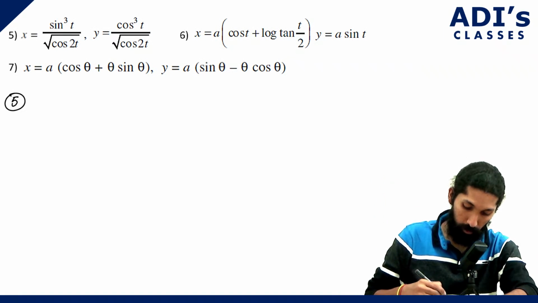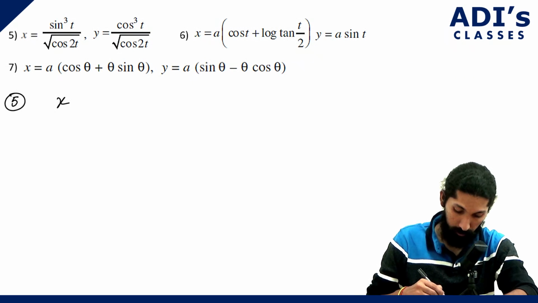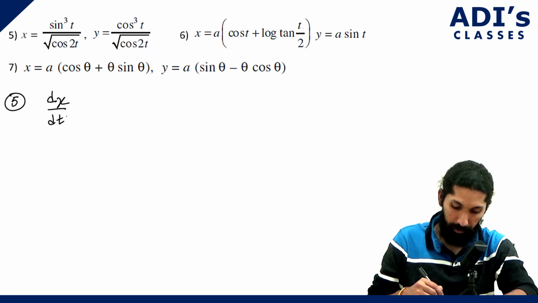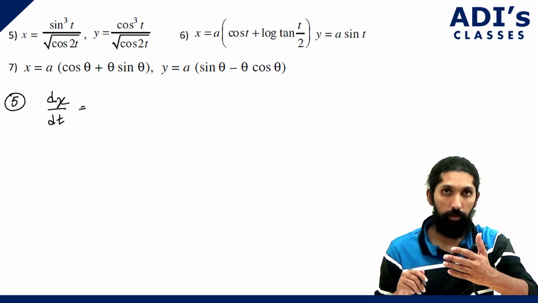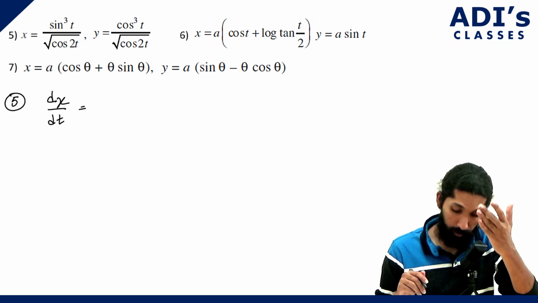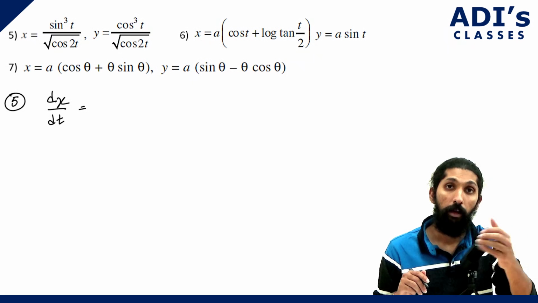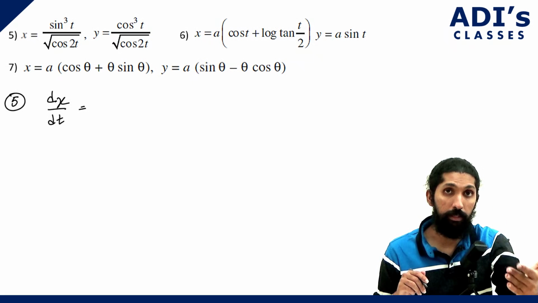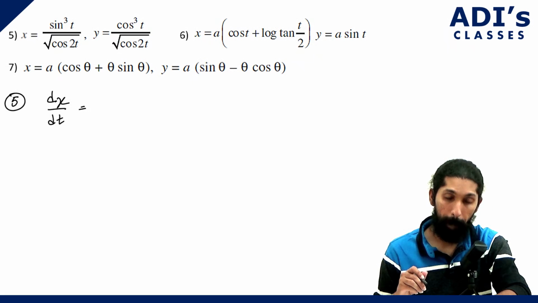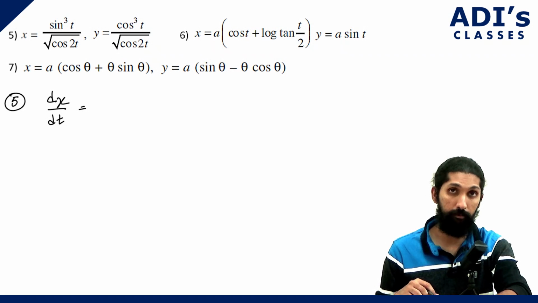Right? So you have x in terms of t, right? So for dx by dt, you have the quotient rule, you have the chain rule, and then you have a trigonometric function. You have so many things in this, correct? Let's go easy. Let's go step by step. All right. So now, first thing, what do we have? dx by dt, right?